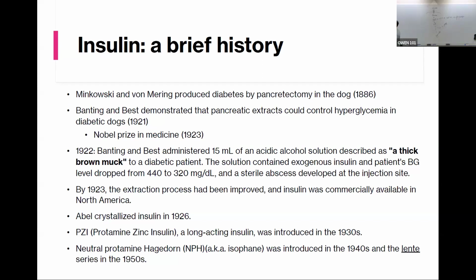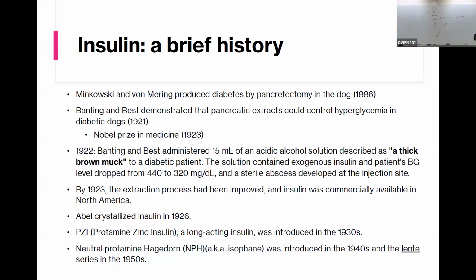Then people tried taking pancreatic extract of dog, and it had hypoglycemic activity, meaning it can reduce the concentration of blood sugar. Later on they used it in humans, using an acidic alcohol solution of insulins.